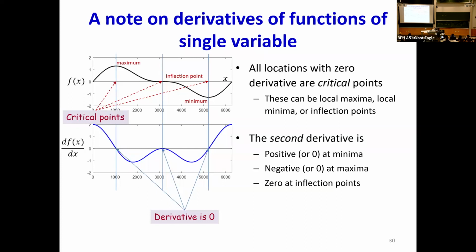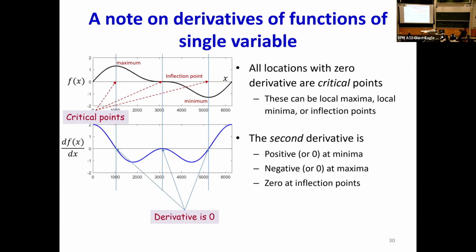So for example, if you have a function like that f of x over there, there are 3 different locations where the function has 0 derivative. 2 of them are turning points. 1 of them is an inflection point. All of these points where the derivative is 0 are called critical points. The one in the middle is not really either a maximum or a minimum.